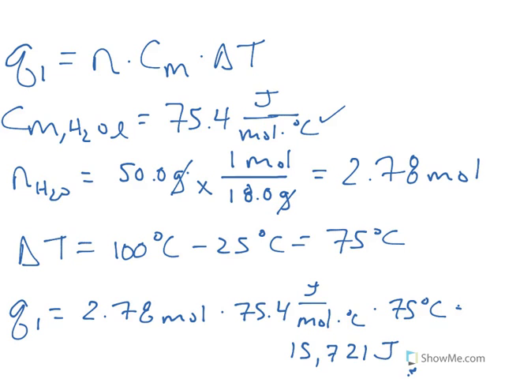So that is my Q1. Now I'm going to calculate Q2. So Q2 on the curve is a transition that happens without a change in temperature.